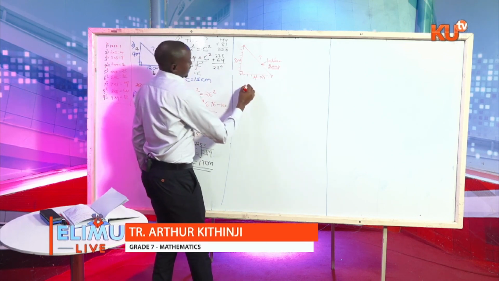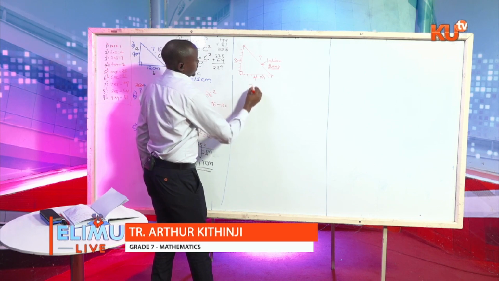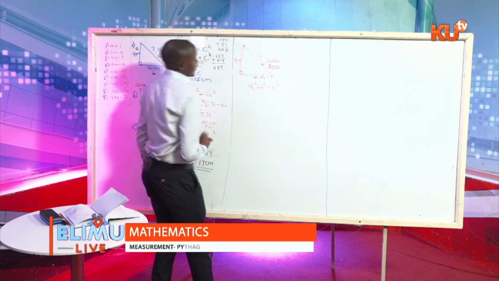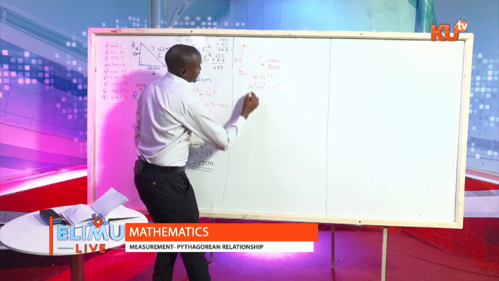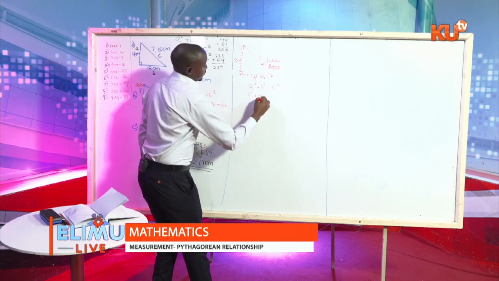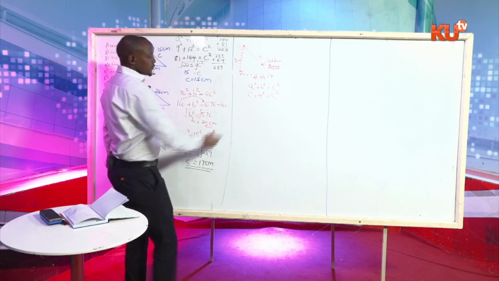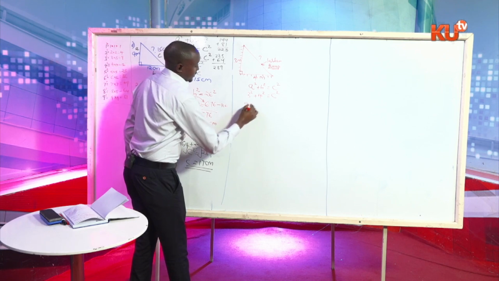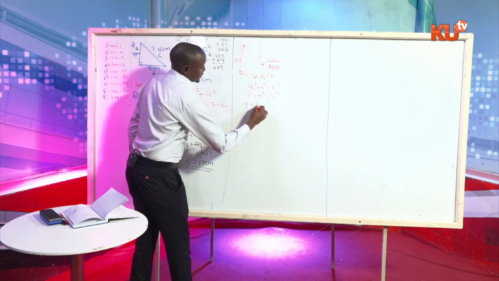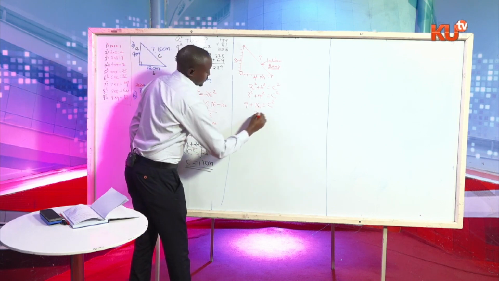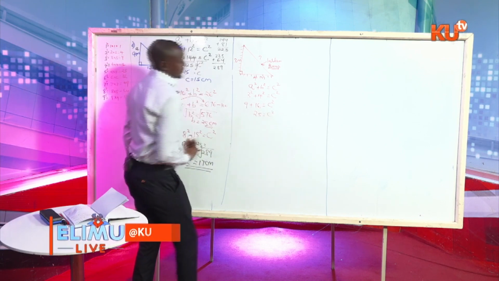That means we shall just use the Pythagorean relationship. A squared plus B squared is equal to C squared. We have our A as 3 squared, our B as 4 squared, and what we are looking for is our C. So 3 squared is 9, 4 squared is 16, and our C squared remains. 9 plus 16 is 25, so C squared is 25.